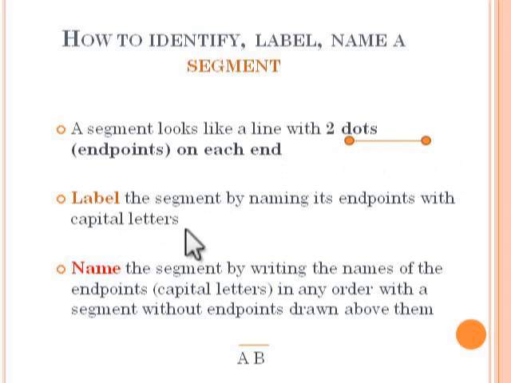Labeling it, capital letters. Naming it with those 2 capital letters, and then just a plain straight line on top. You do not need to have the dots. It just is lacking the arrows that an actual line has. So this would be called segment AB.